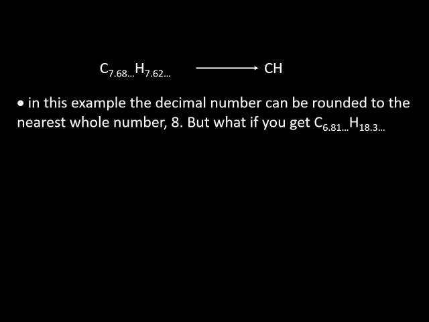Now, the problem is, how precise do these numbers have to be, or how close do these numbers have to be, in order to be able to round? So numbers like 6.81 and 18.3, can you round that to 1 to 3 or something like that?